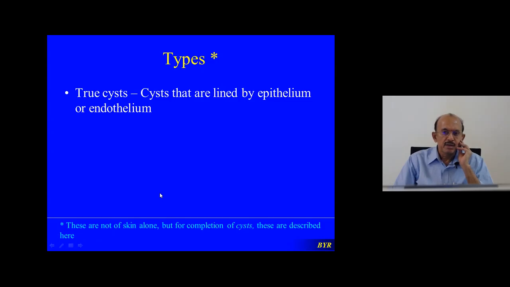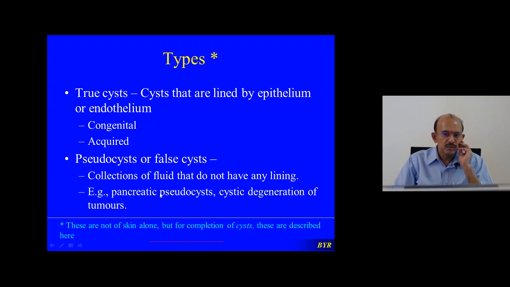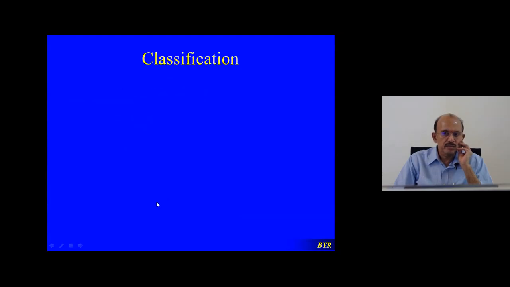Types of cysts: true cysts and false cysts. True cysts are lined by epithelium or endothelium; they may be congenital or acquired. Pseudocysts or false cysts are a collection of fluid that does not have any lining. Examples: pancreatic pseudocysts, cystic degeneration of tumors.